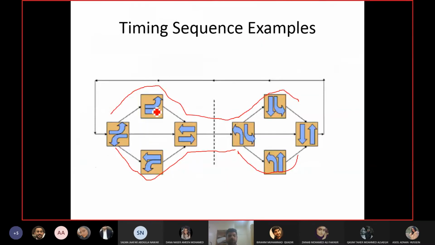So if you add the time for these two phases, this left turning will be counted twice. So when you add up the time, the total time will be more than the cycle length because you counted the left turning twice. That's why we are avoiding the overlapping phases.